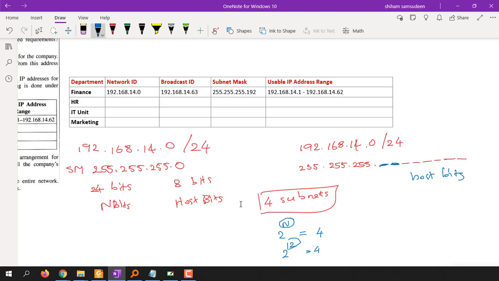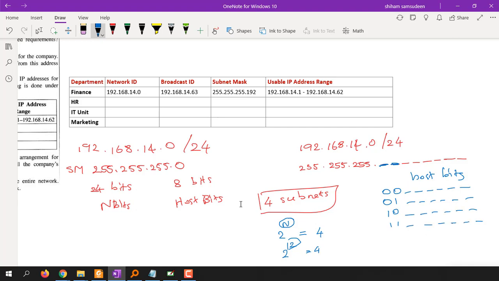So the network ID combinations would be 00, 01, 10, and 11, right? And the rest of these bits will be for the hosts, 1 2 3 4 5 6, 1 2 3 4 5 6, 1 2 3 4 5 6.